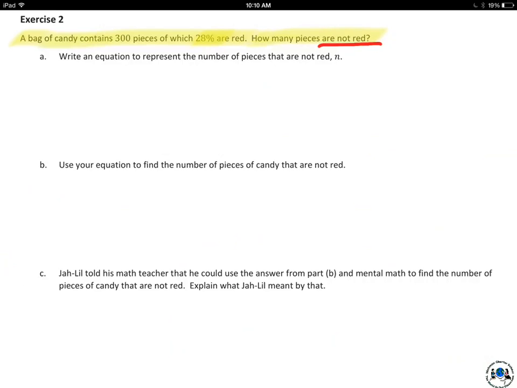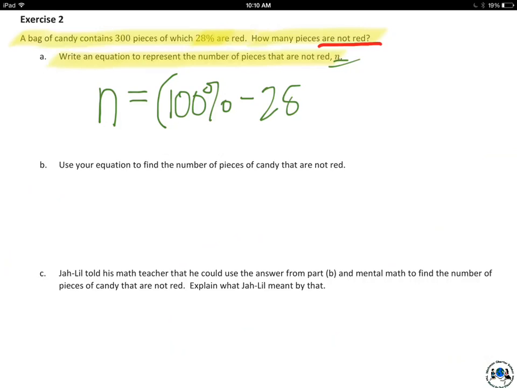Okay, so in this case, this first one asks us to write an equation to represent the number of pieces that are not red, and we're going to use n as not red, so that would be n equals, and again we would try to use a percent first, so 100% minus 28% times 300.